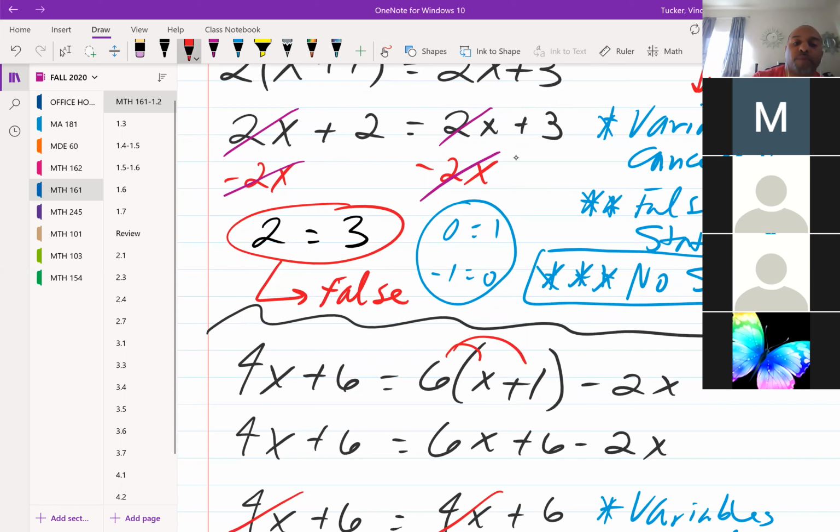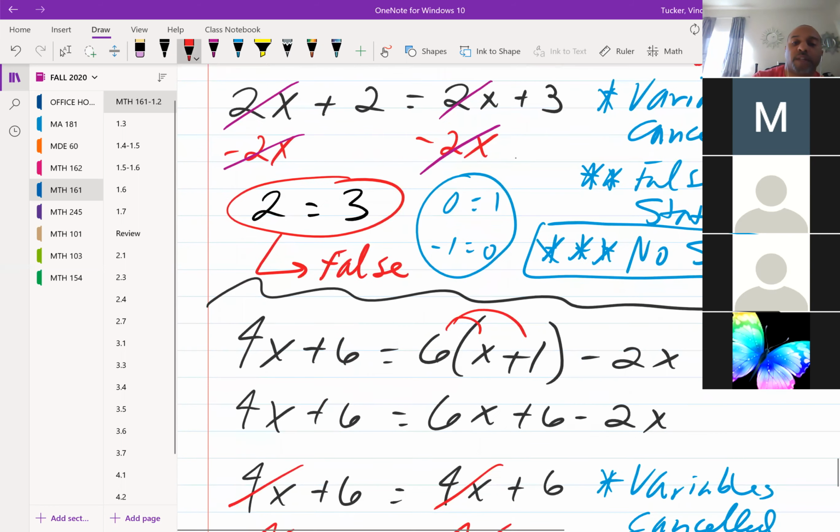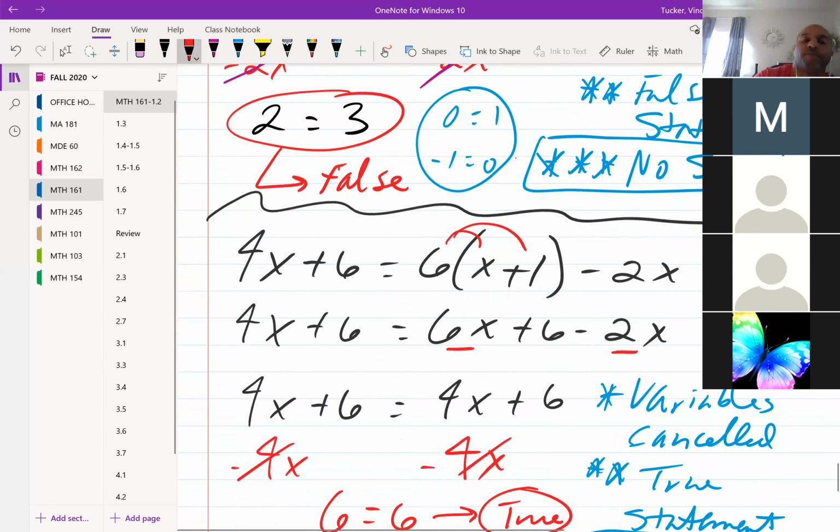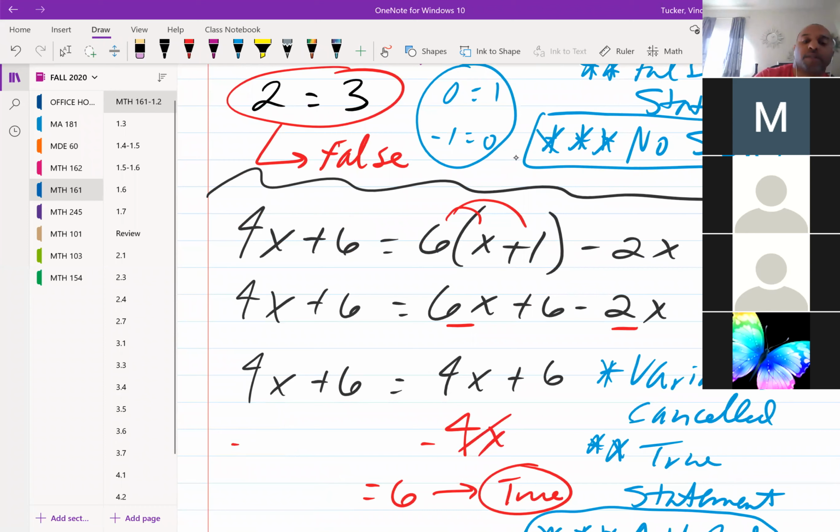And that'll be 4x plus 6 equal to 6x plus 6 minus 2x. Combine your like terms. 6x minus 2x is equal to 4x. So notice now we have 4x plus 6 equal to 4x plus 6.